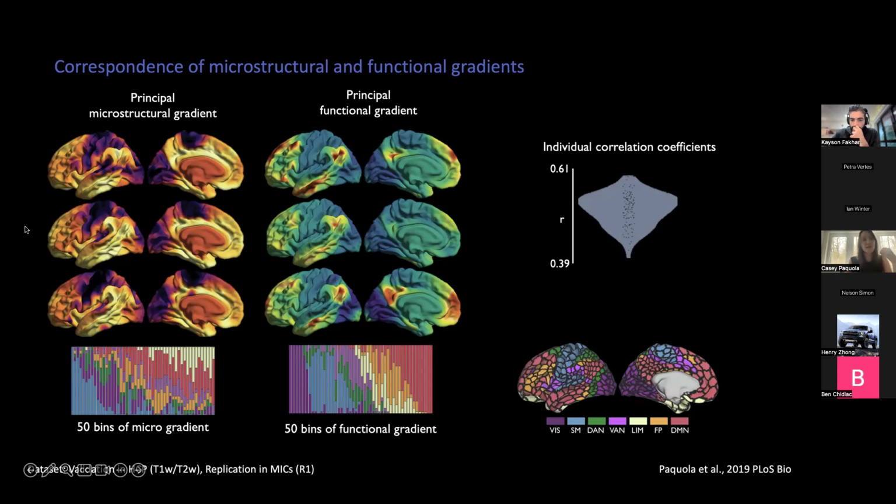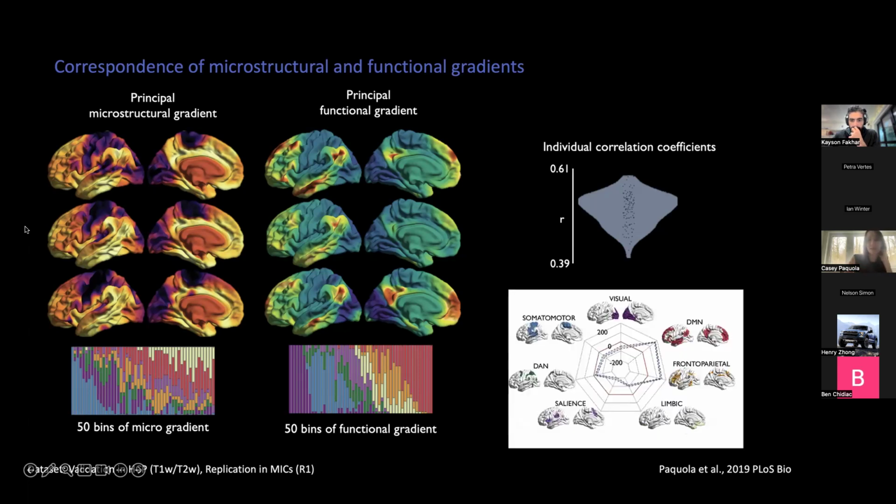As I've said, sensory motor areas are very distinct in terms of their architecture and their function. We all know that. But what was quite interesting is that while the default mode and the frontoparietal network occupy the apex of the functional gradient, they're actually distributed quite broadly along the microstructural gradient. In other words, that means that they encompass a broad range of architectural heterogeneity.